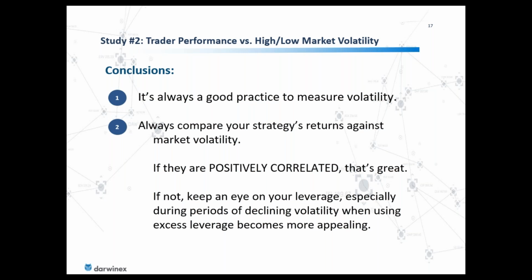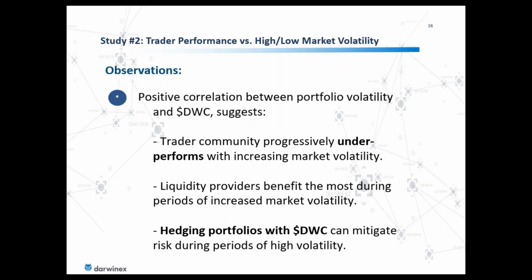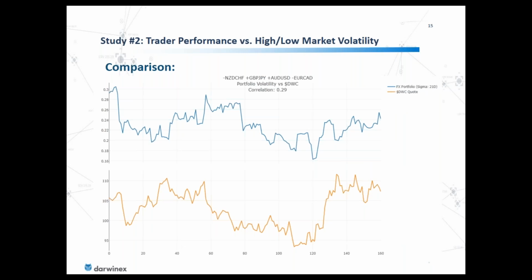But what happens as a result is when the market eventually does turn, when volatility does turn from declining to increasing, it usually does that very, very quickly, as we can observe from the volatility analysis we've just done, where you can see as volatility declines, when it does rise, it rises fairly fast. And the same is the case with the DWC. It declines fairly slowly, but when it rises, it rises very, very fast.